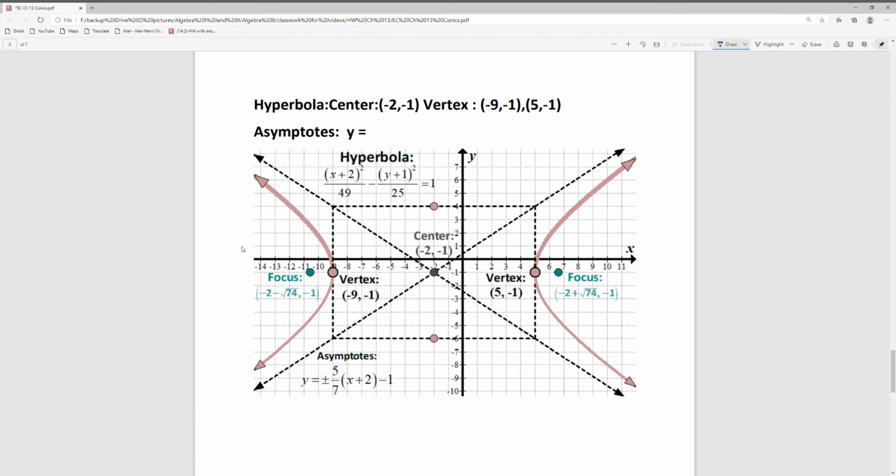The numbers with x take away: plus means take away negative 2. So your center is negative 2 and negative 1. So it's not the vertex, it's the center. On a parabola, the number x, y take away is the vertex, but on hyperbola and the circle and the ellipse, HK is the center, not the vertex.